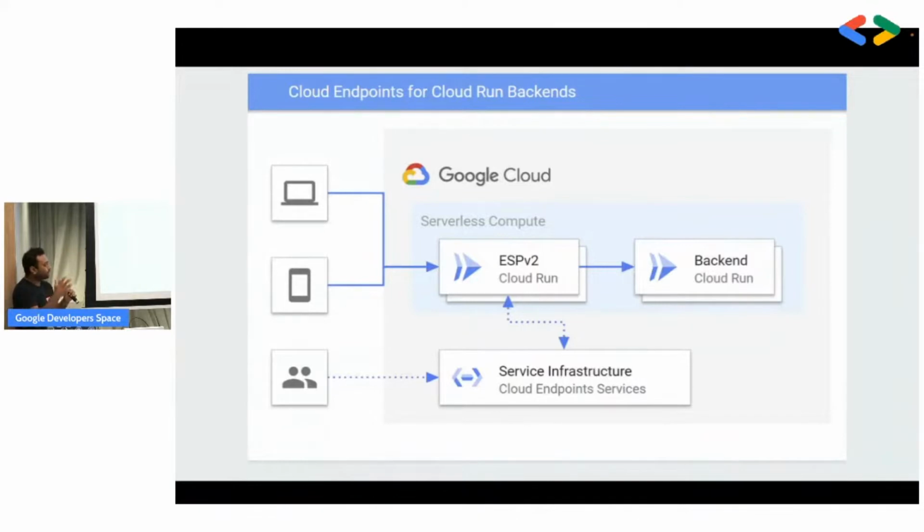So I have this backend on Cloud Run already running. I will show it in my console. It's already there. It's a simple Node.js API which has one endpoint called ping. When you go to ping, it will say pong, right? That's it. So I'm going to deploy the ESP2 and show how we can register the endpoints in Cloud Endpoints, and then we will proceed from that. All right? Cool.